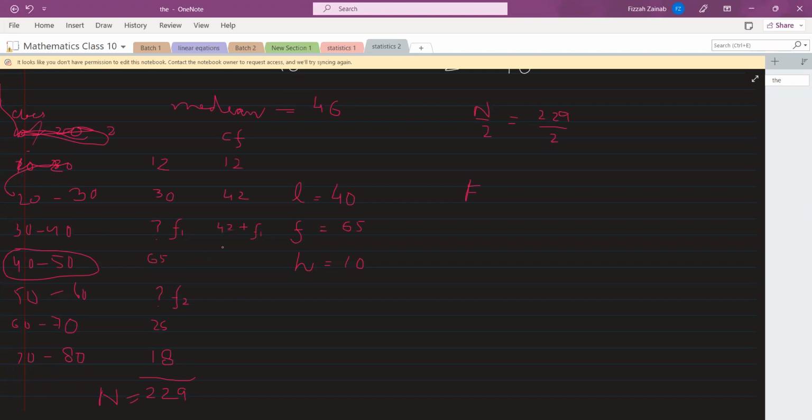And the next, you just add 65 into it. So it will be 107 plus F1. So it will keep on going like this. Okay. So next it will be 107 plus F1 and plus F2, right?